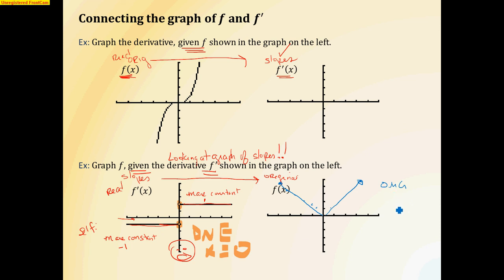That's the absolute value of x. The derivative, the slopes, of absolute value of x. Remember, this is a piecewise function. That is x as long as x is greater than or equal to 0, and the opposite of x as long as x is less than 0.